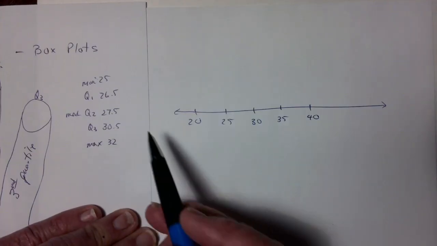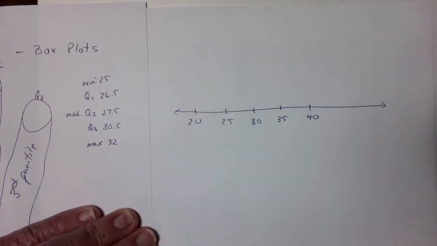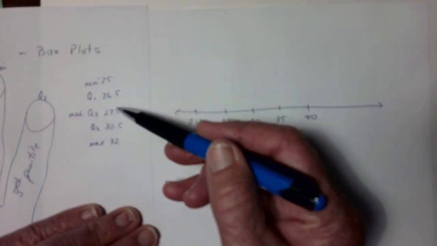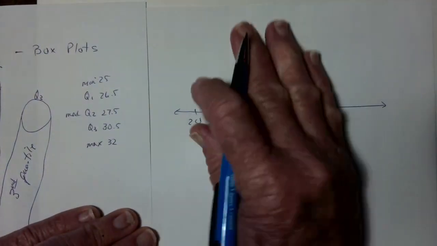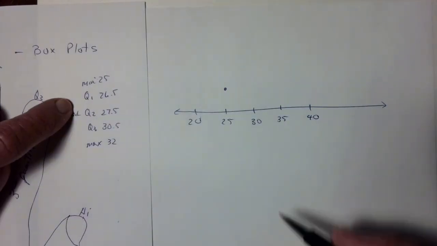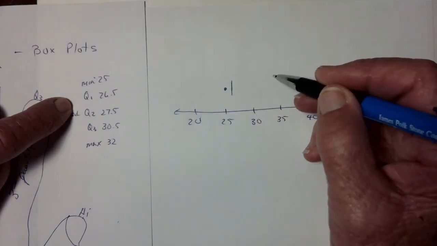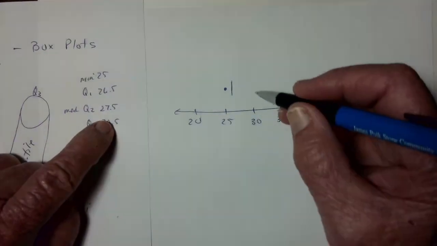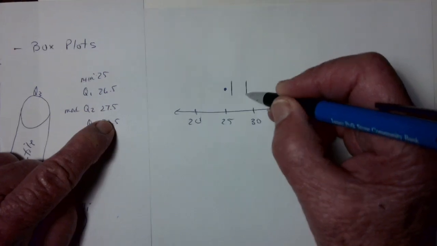And then this is going to be a dot. Don't do anything, just watch me. A dot, a line, a line, a line, and a dot. So at 25, I come up above this, I put a dot. At 26 and a half, which is barely going to be past here, is going to be a line. At 27 and a half, which is fairly close to 30, is going to be a line.